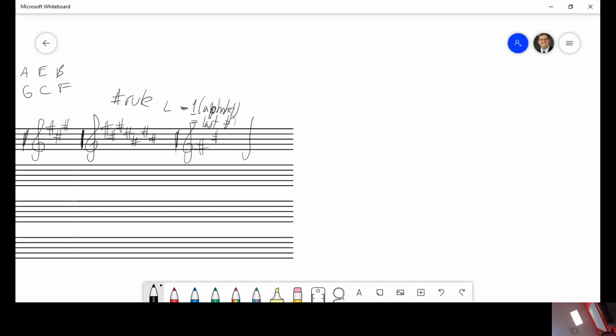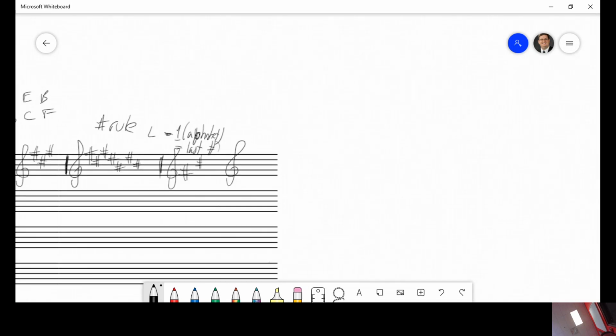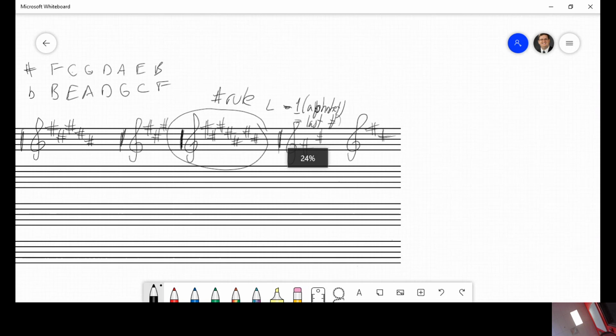Because in music, the first sharp in the treble clef, that F sharp, is always on the top. Okay? Memorize this. So you know the order is Four Crows Got Drunk at Easter Barbecue, but memorize also where those sharps are placed in a key signature.